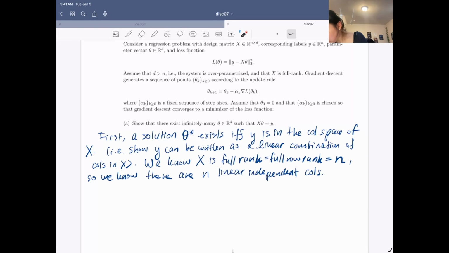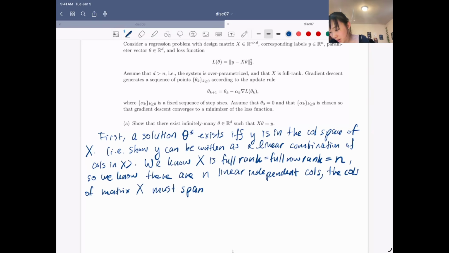And because there are n linearly independent columns, basically the columns of our matrix must span all of Rn space.